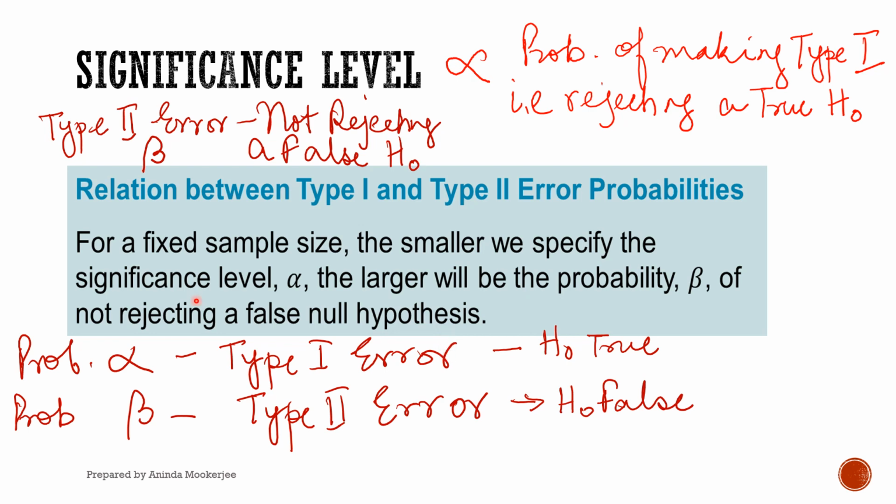So there is a kind of a relationship between alpha and beta. The lower you keep the probability of making a type 1 error, the higher the probability of not rejecting a null hypothesis which is false. Okay.